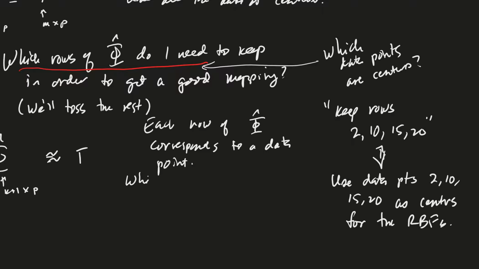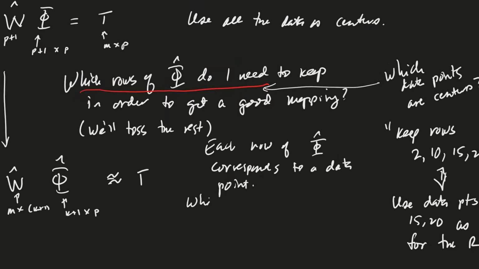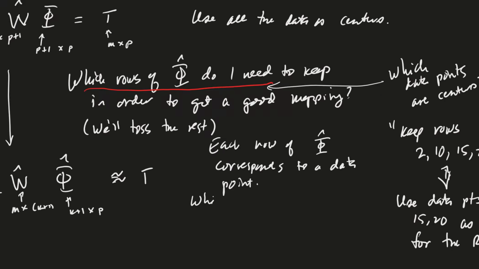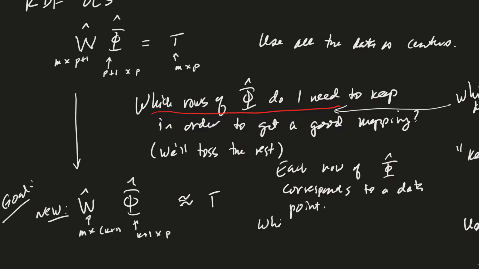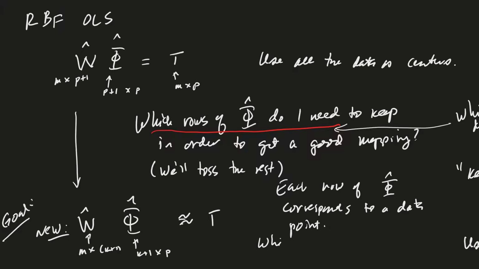Okay, and so this is orthogonal least squares. This is the setup. Let's review that again real fast. You start by assuming that every data point is a center, and you go through the rows of phi hat to see which ones we need to keep in order to get a good mapping.